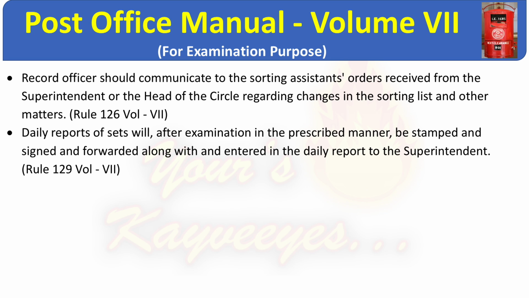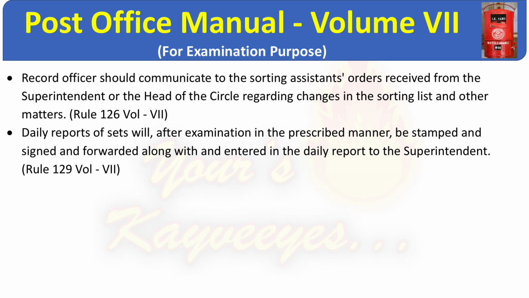The record officer should communicate to the sorting assistants orders received from the superintendent or the head of the circle regarding the changes in the sorting list and other matters. Rule number 126. Daily reports of sets will, after examination in the prescribed manner, be stamped and signed and forwarded along with, and entered in, the daily report to the superintendent.